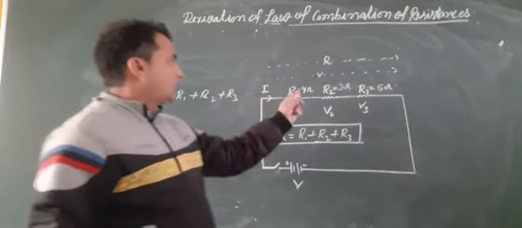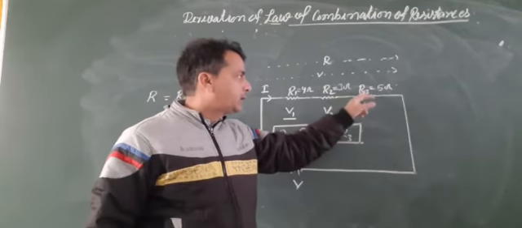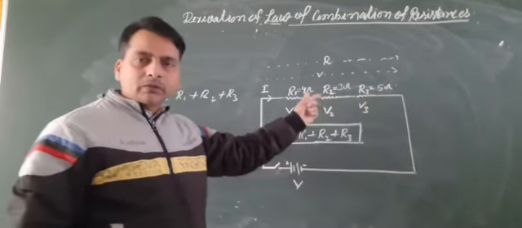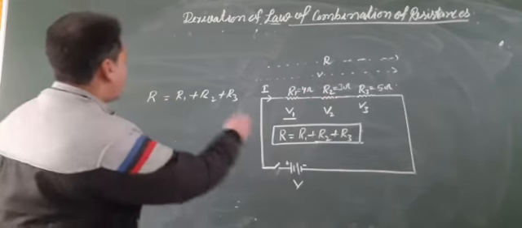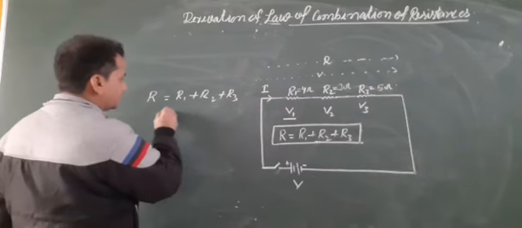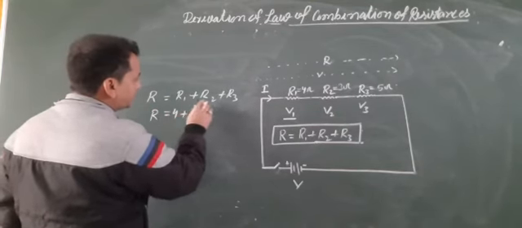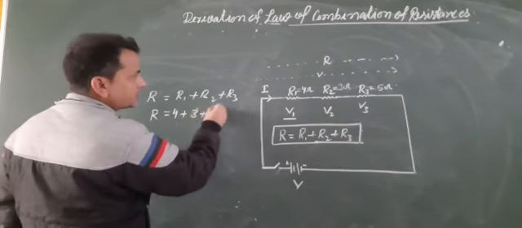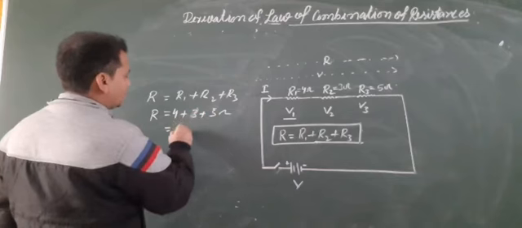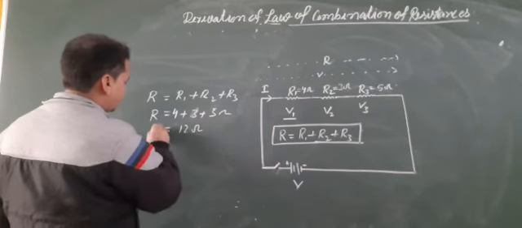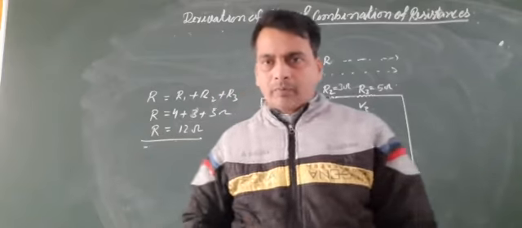So the net or equivalent resistance R equals 4 plus 3 plus 5, then 12 ohm. It means the equivalent resistance is 12 ohm.